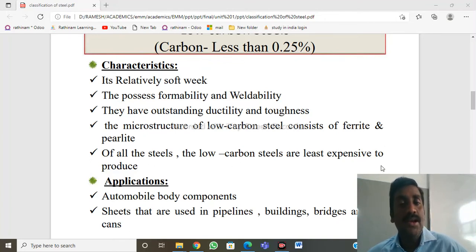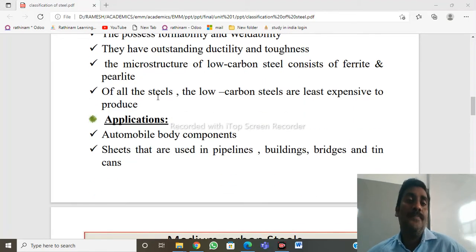Low carbon steels are the least expensive to produce, since the low carbon percentage makes them easy to produce, and they are the cheapest material. Applications: automobile body components, sheets used in pipelines, buildings, bridges, and tin cans.